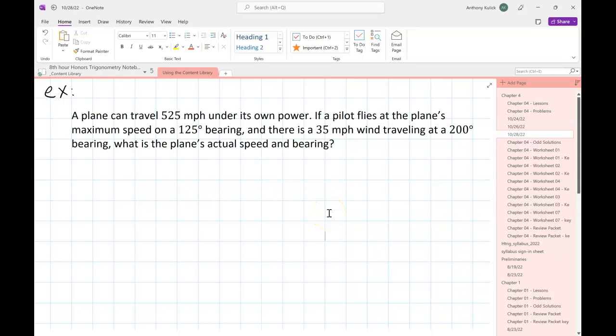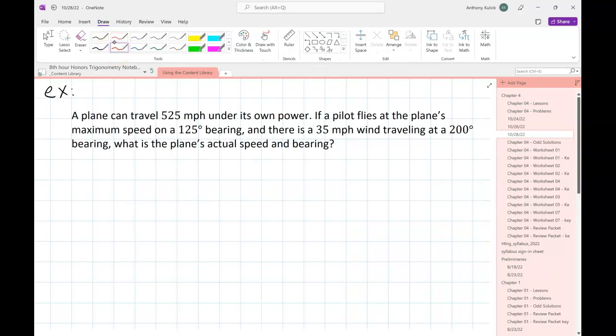Here it says a plane can travel 525 miles per hour under its own power. If a pilot flies at the plane's maximum speed on a bearing of 125 degrees, and there's a 35 mile per hour wind traveling at a 200 degree bearing, what is the plane's actual speed and bearing? Okay. So the speed for the plane is 525 miles per hour.